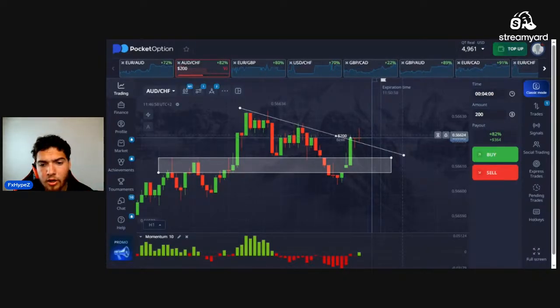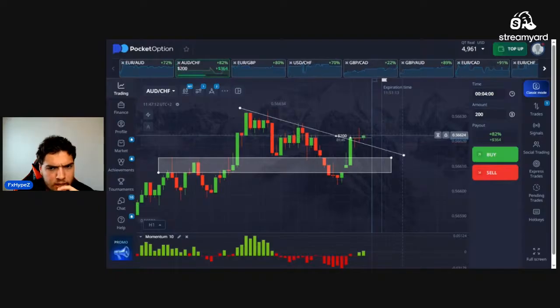Now, one thing I did notice is that the momentum didn't exactly shift, did it? I remember it being green on the breakout. I could be wrong, but I do remember it being green.